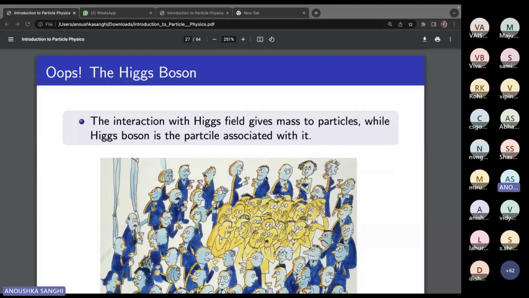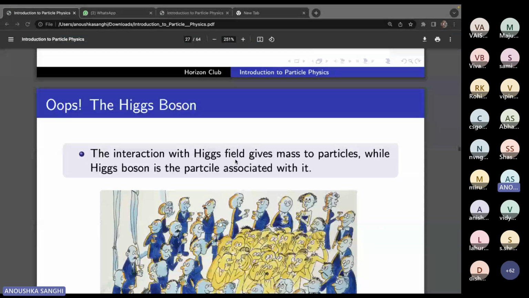It's an article I read somewhere; it's called the God particle, mainly because it gives mass to the other particles, but the concept is not that easy.